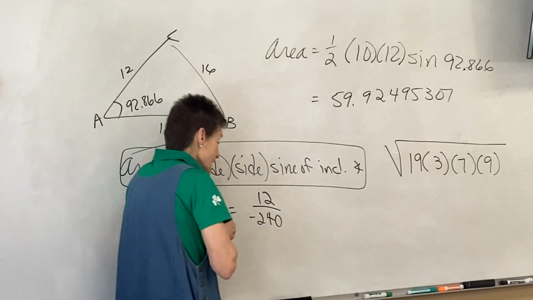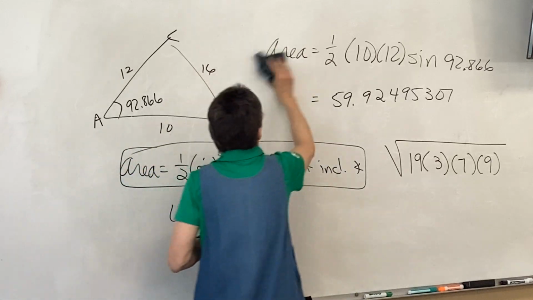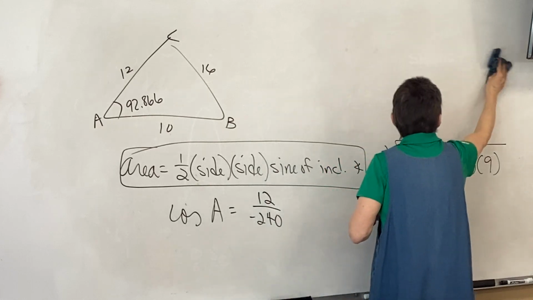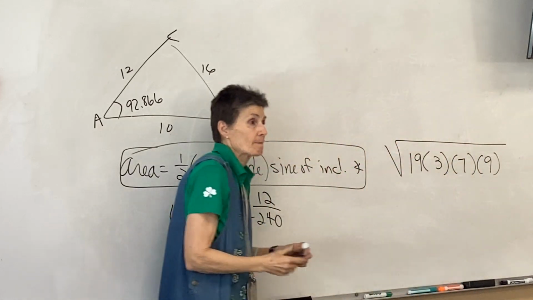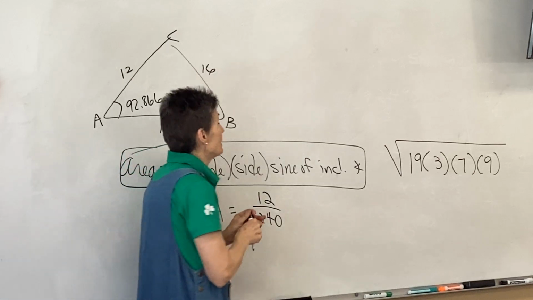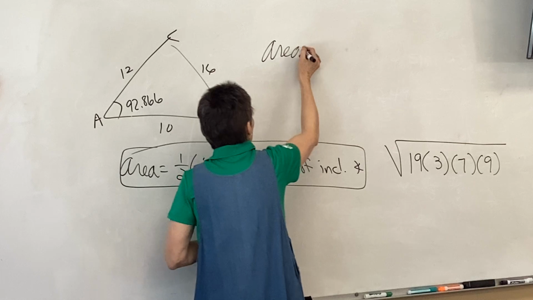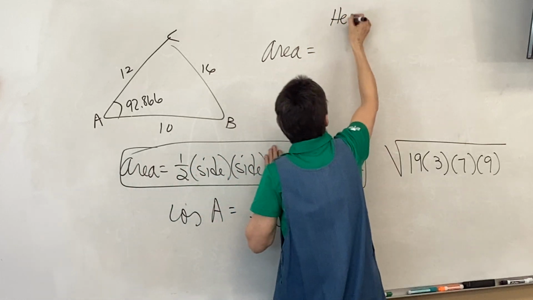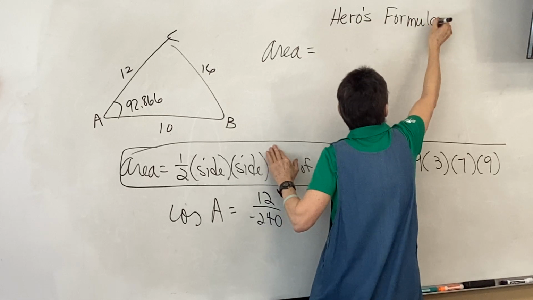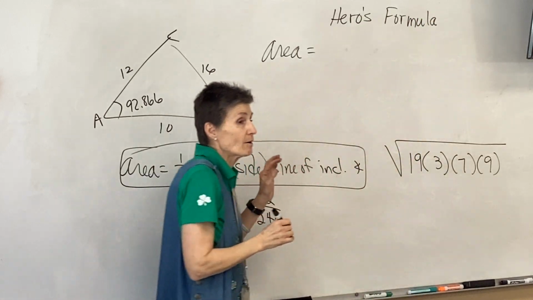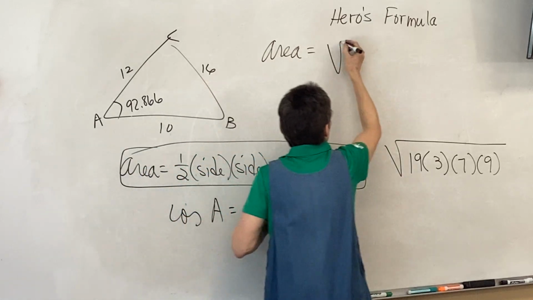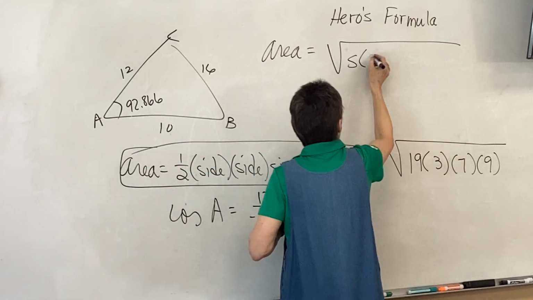But if you happen to have all 3 sides, you can find area using what's called Hero's formula. The guy's name was actually Heron of Alexandria, but it's been abbreviated to Hero's formula. And it looks like this.